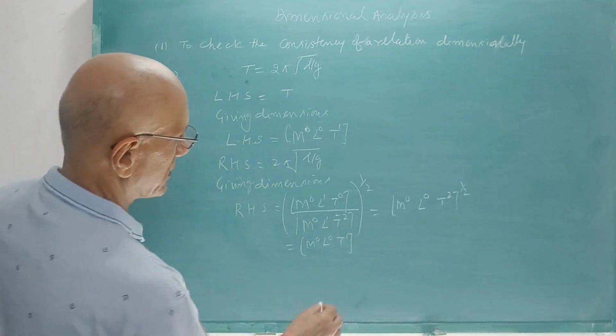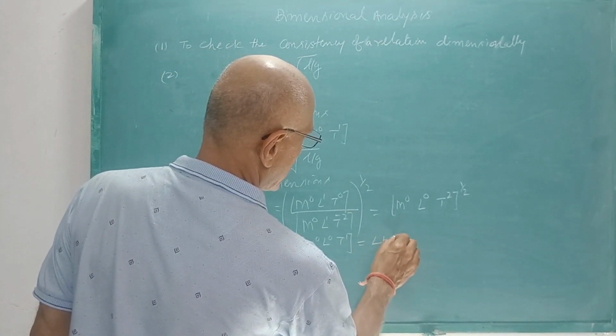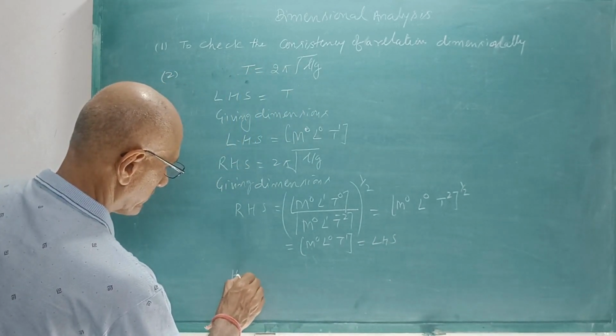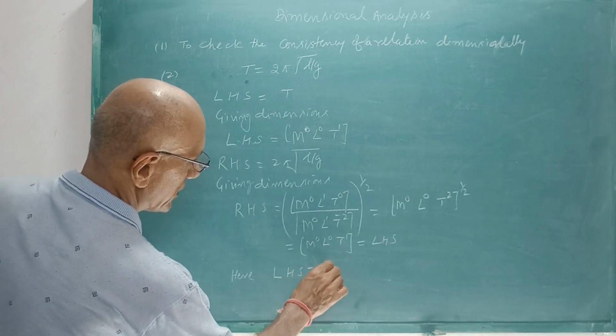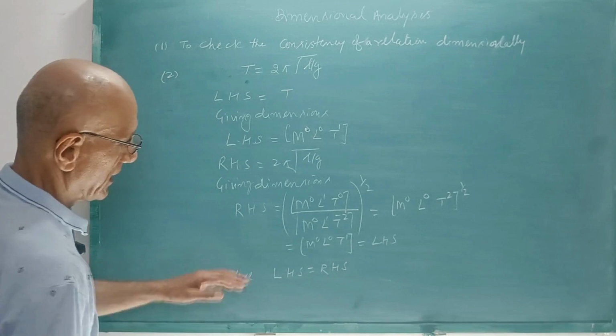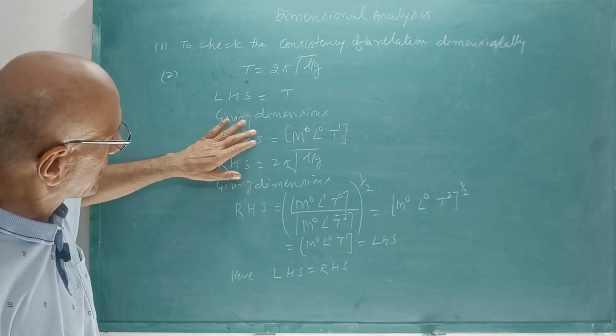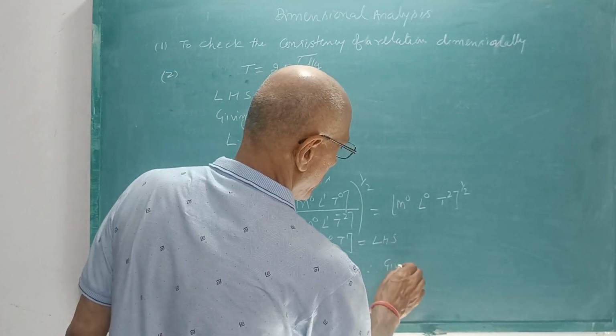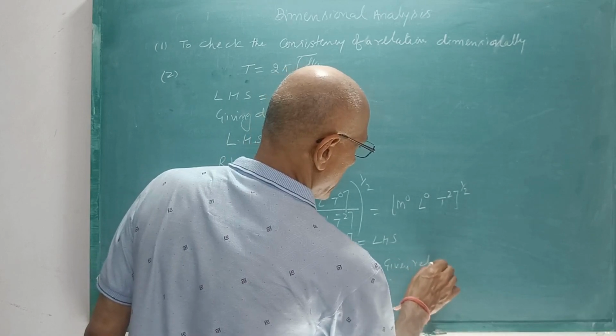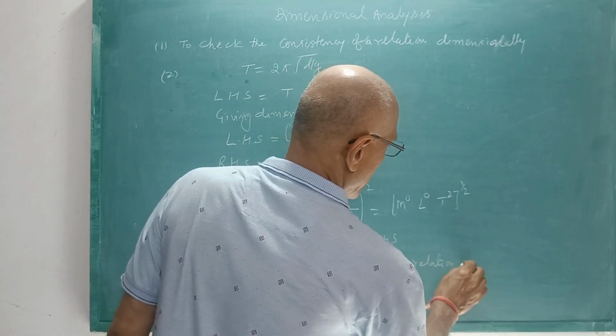So this becomes M0 L0 T1, which is the same as that of the LHS. So here we have LHS equal to RHS, both are the same.